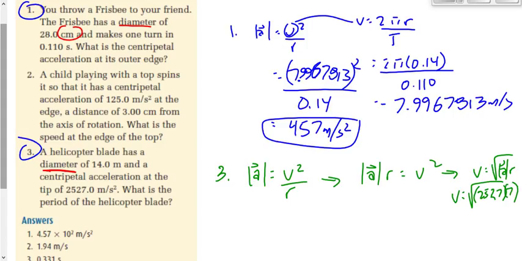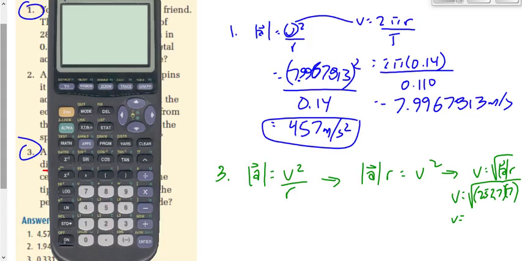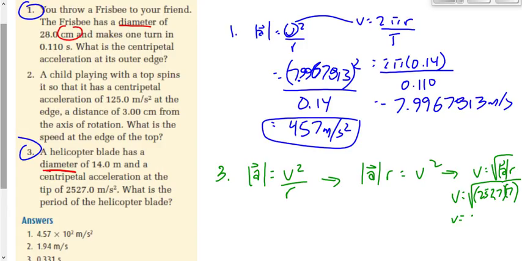So v, let's figure that out now. Let's say it's the square root of 2527 times 7, 133. Is that what you guys got?